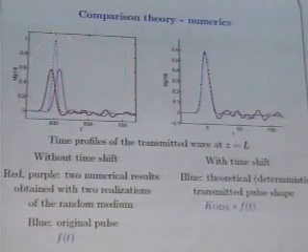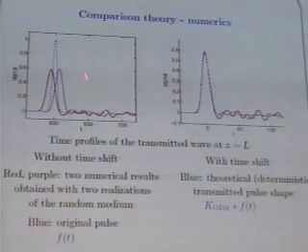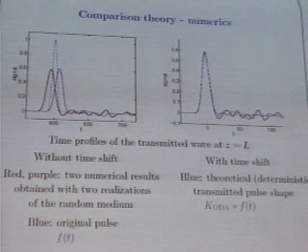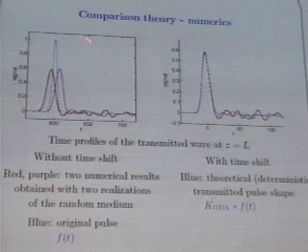In dashed line you get the input pulse, a nice Gaussian, and after traveling through the random slab, you see that this Gaussian pulse has been attenuated, it has broadened a little bit, but the shape does not depend on the realization of the random medium. For the two realizations of the random medium, I have exactly the same output shape.